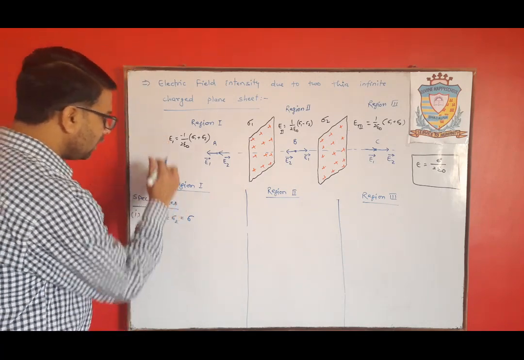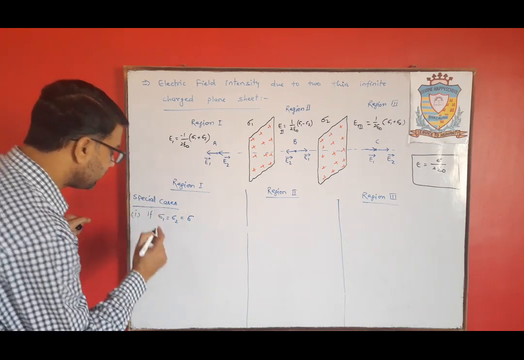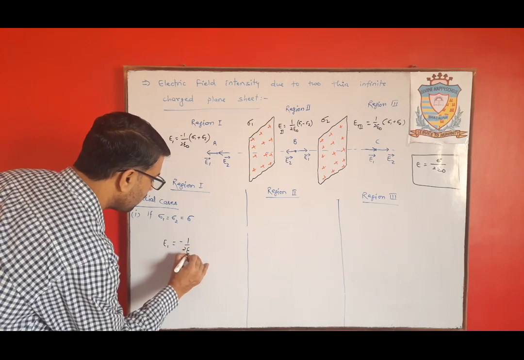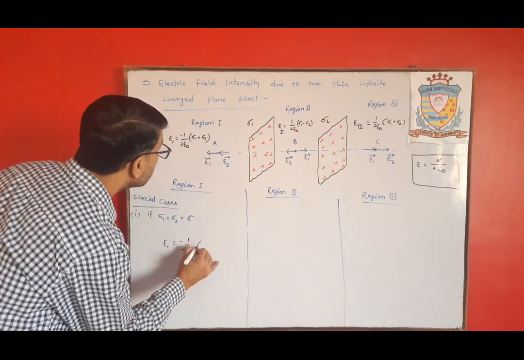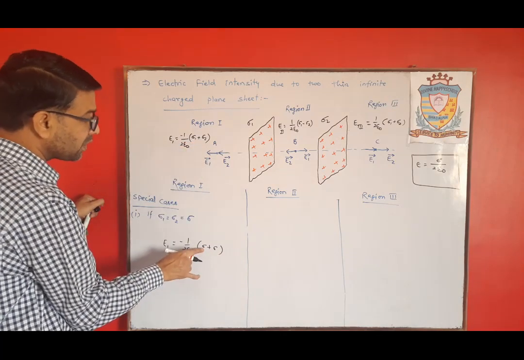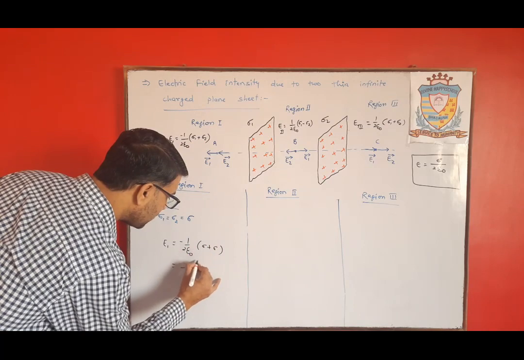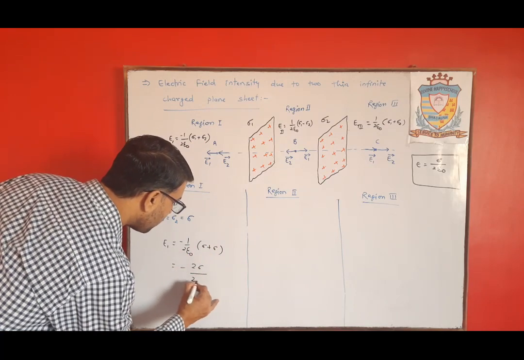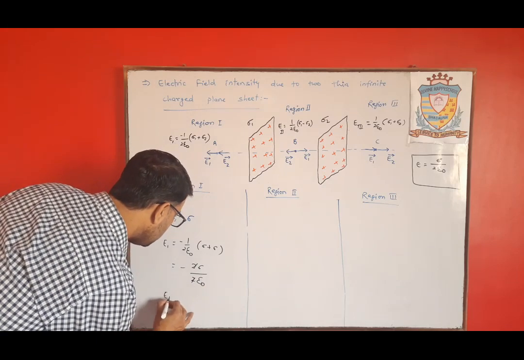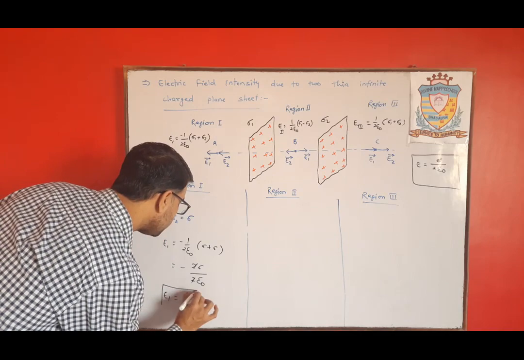So in region 1, total electric field intensity, that is E1, is equals to minus 1 upon 2 epsilon naught, sigma plus sigma. In place of sigma 1, we will put sigma. In place of sigma 2, again we will put sigma. So minus sigma plus sigma, 2 sigma upon 2 epsilon naught. These two will be cancelled out, or E1 is equals to sigma upon epsilon naught.